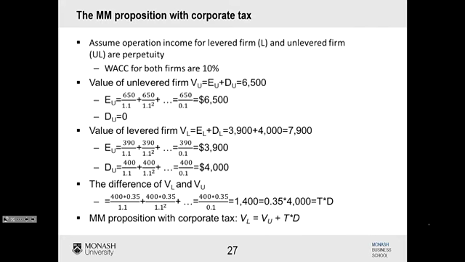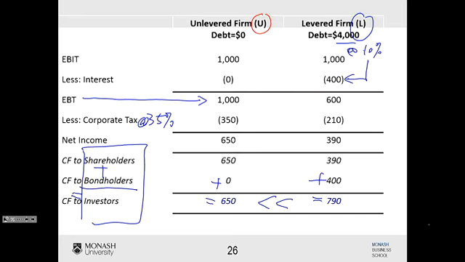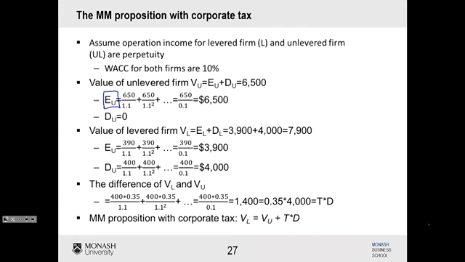How do I get the 6,500? The value of equity of the unlevered firm is equal to 650, which is coming from the previous page here, divided by, because it's a perpetuity, right? So perpetuity discount rate, 1.1, 1.1 to the power of 2, all the way.